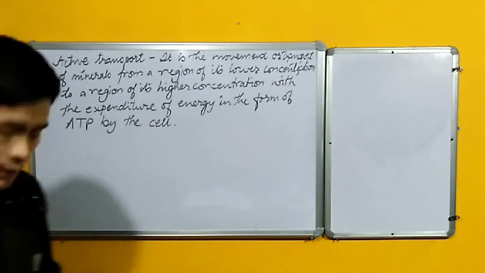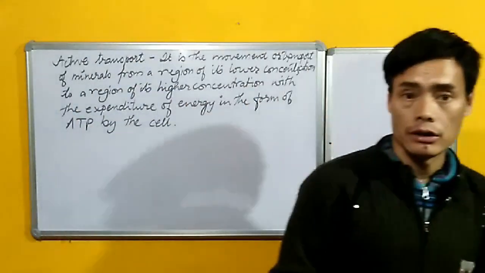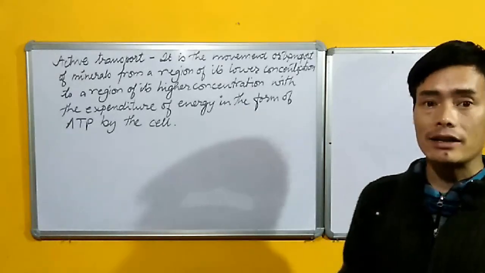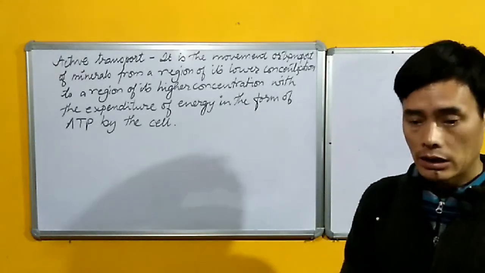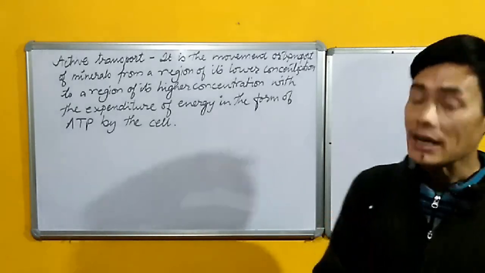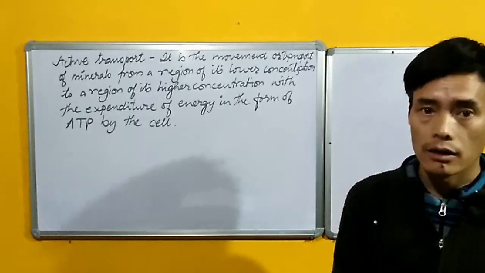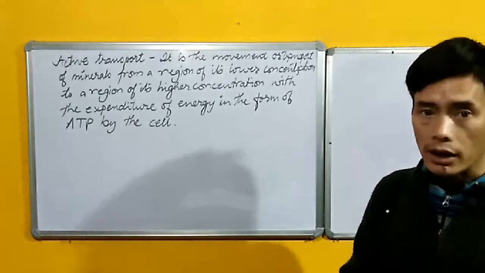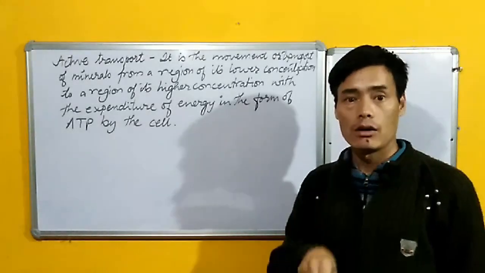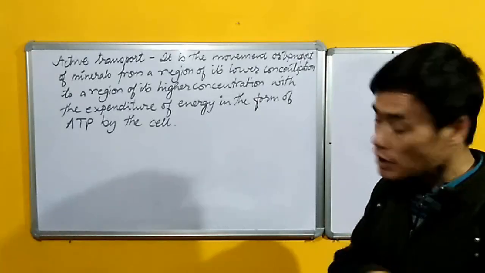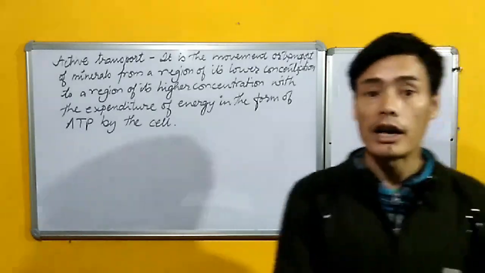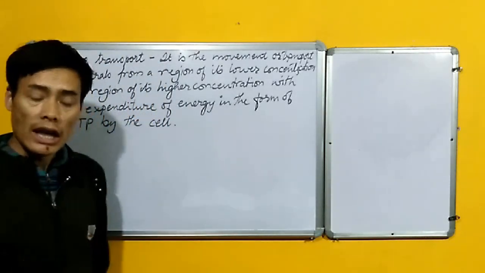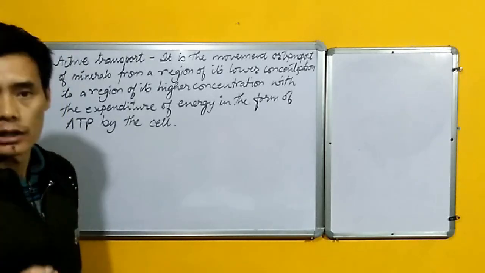So here there are many materials, for example the mineral salts, which are present inside the cells of the roots in a higher concentration than that which is available in the soil. But still the plant acquires it from the soil into the cell of the roots. Now, to do such an act, which is against the concentration gradient, the cell will have to use its energy.